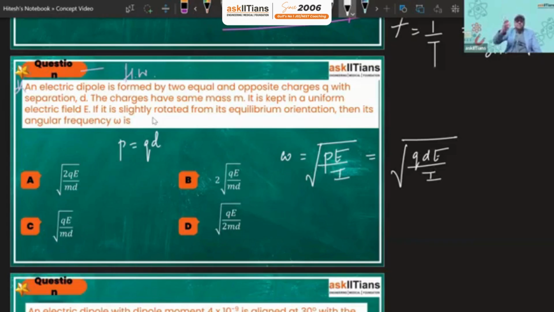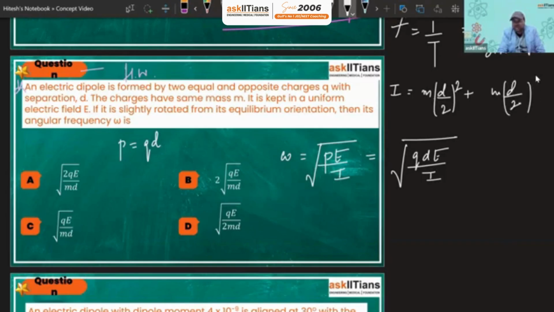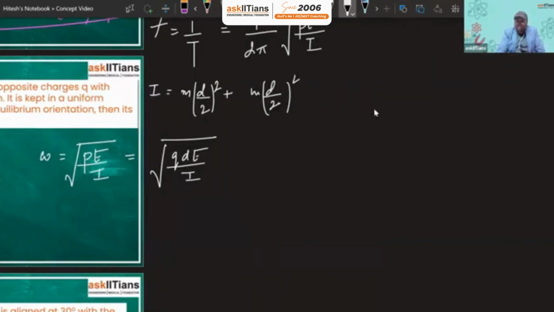If both have the same mass, then obviously it will rotate about the center of mass. So the distance would be D by 2, right? So the moment of inertia would become M D by 2 square plus M D by 2 square, for both the masses, so it would be MD square by 4 into 2.